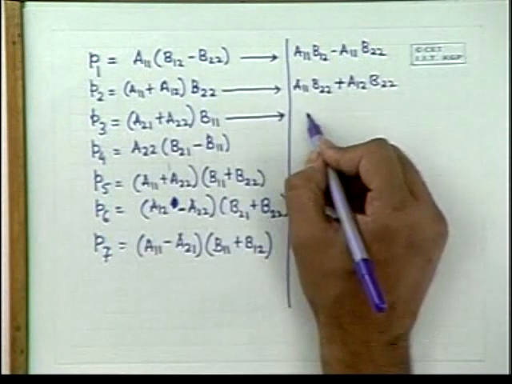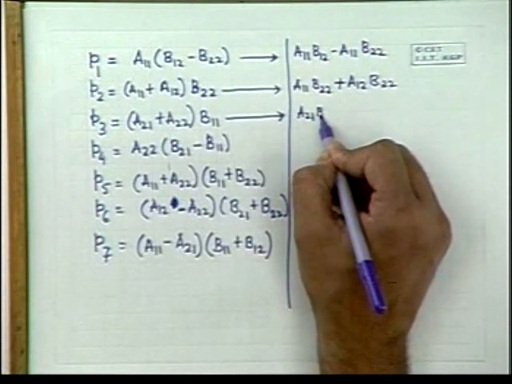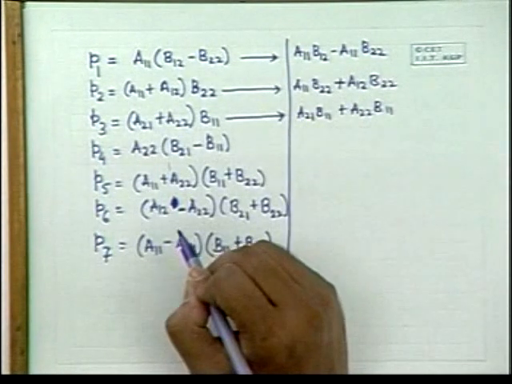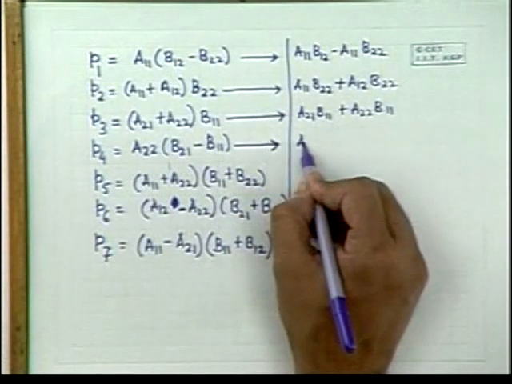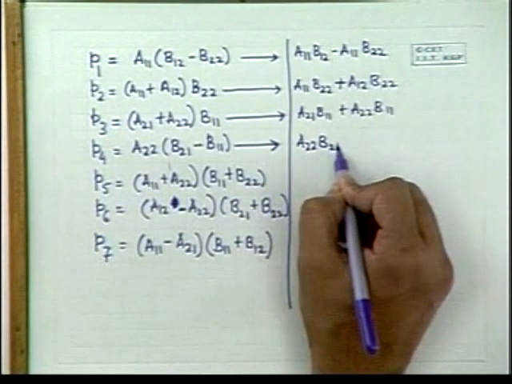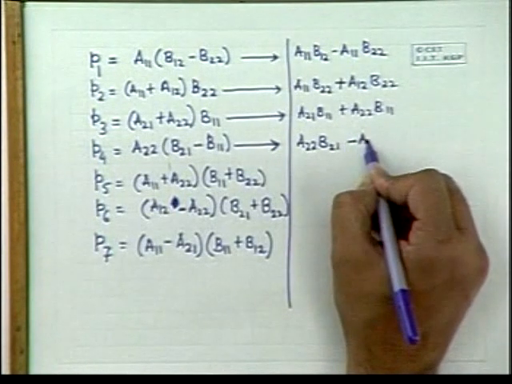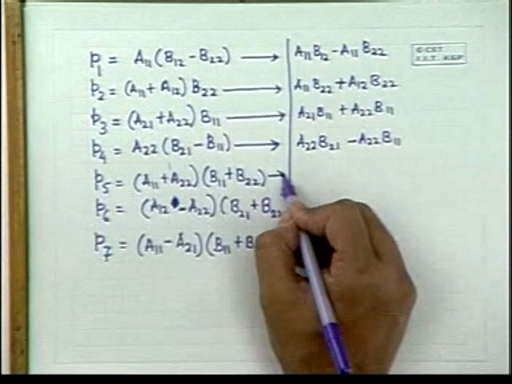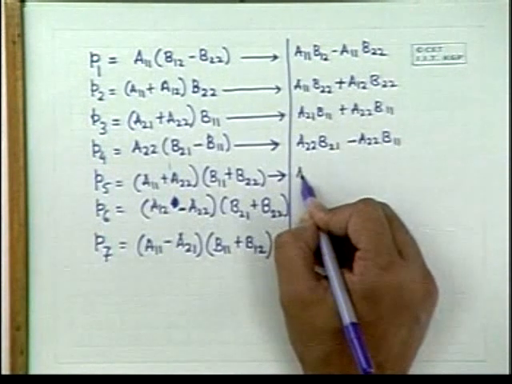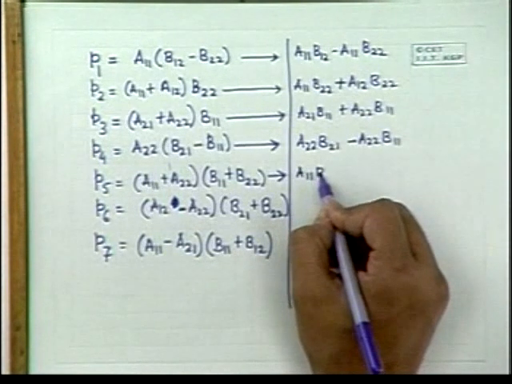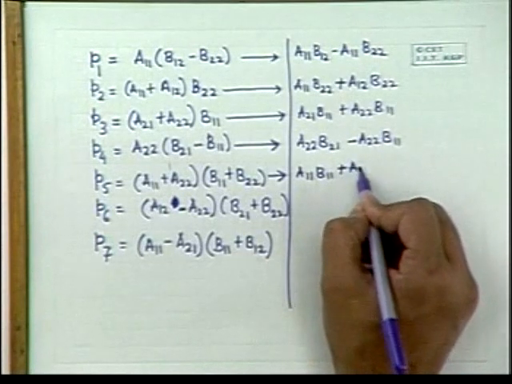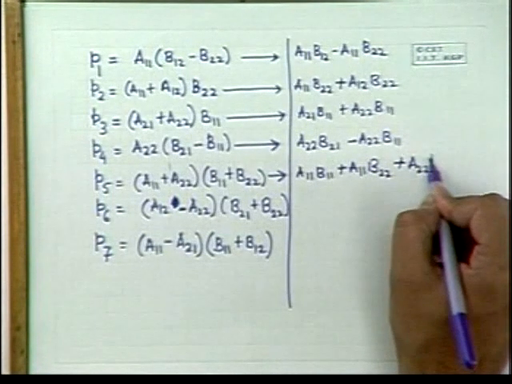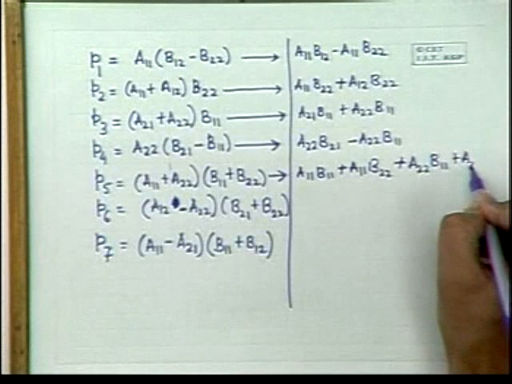P3 gives us A21 B11 plus A22 B11. P4 gives us A22 B21 minus A22 B11. P5 gives us A11 B11 plus A11 B22 plus A22 B11 plus A22 B22.